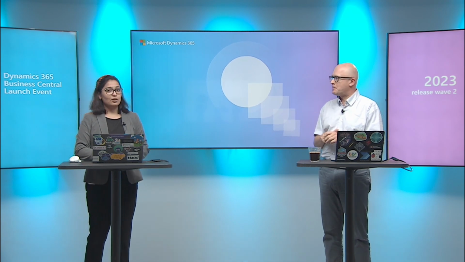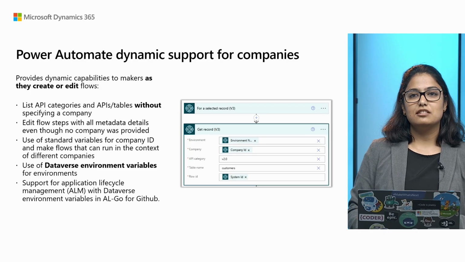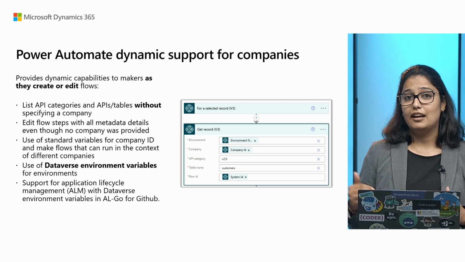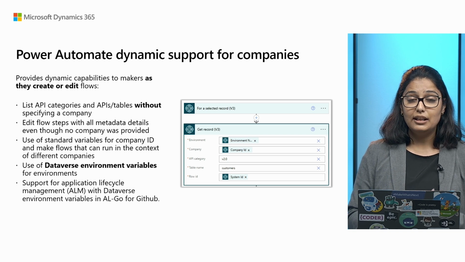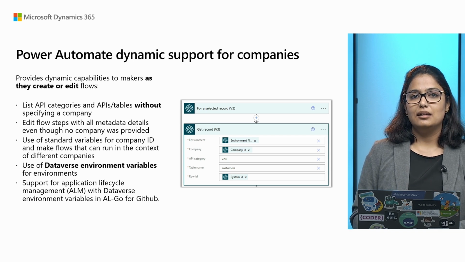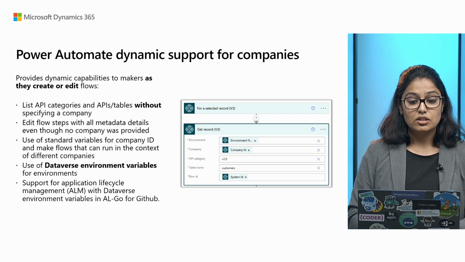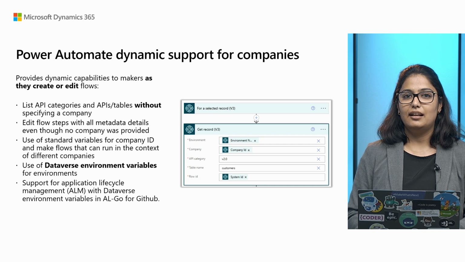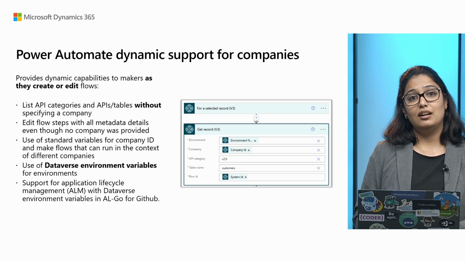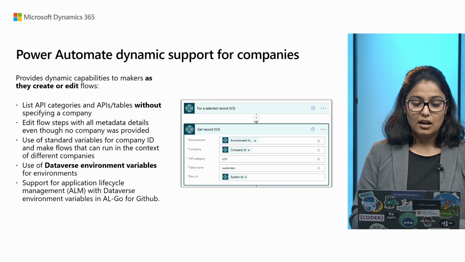Yes, you're right, Blage. In this way, you don't even need to specify the company to list API categories or tables for any action or trigger of the connector. Not only that, you actually get all the metadata details without specifying the company. So now you can use just a standard variable for specifying the company ID and then make flows that can run in the context of different companies.